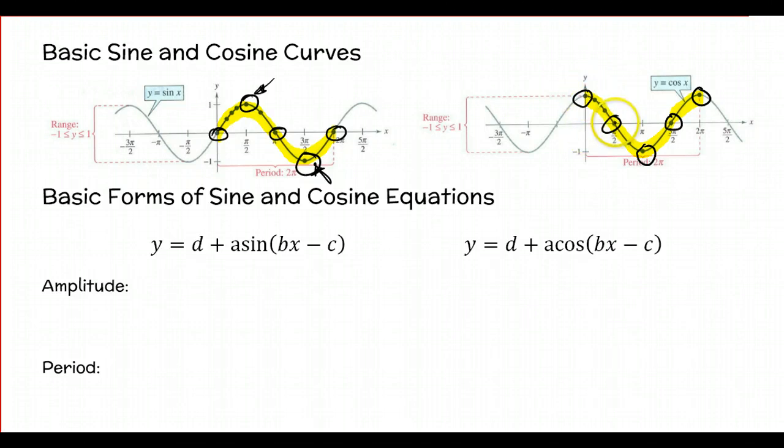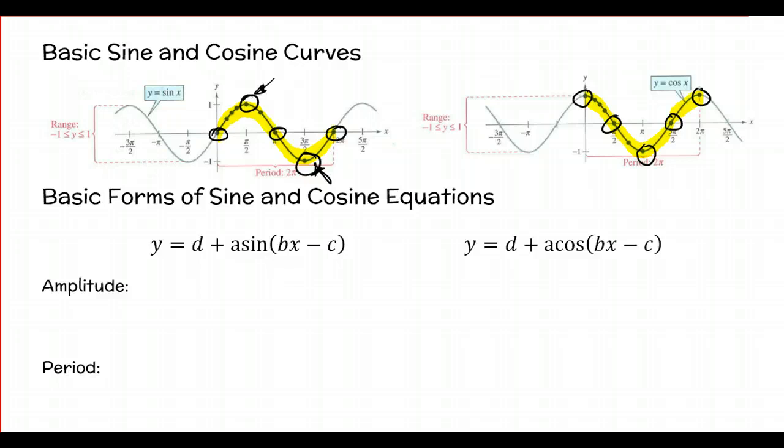And then up at pi over 2 on the unit circle, our cosine is 0. That's why we have an intercept here at 0. And then at pi, our x-coordinate is negative 1. That's why we're down here at negative 1. And then at 3 pi over 2, we're back at 0. And then at 2 pi, back at the beginning, our x-coordinate again is 1.